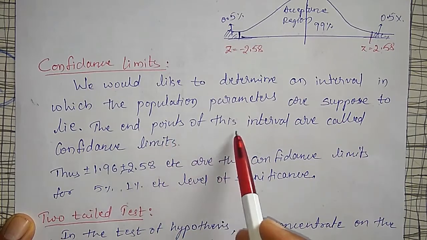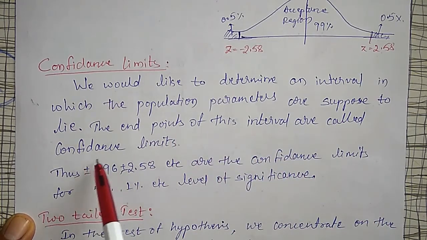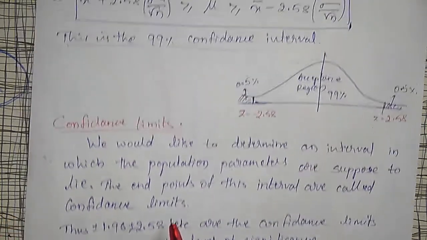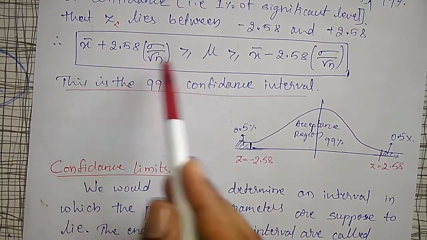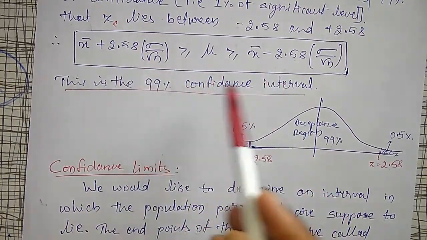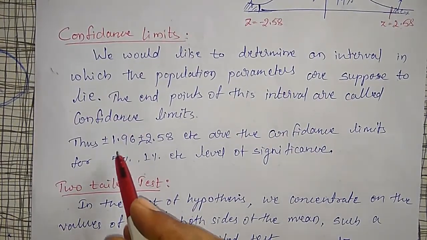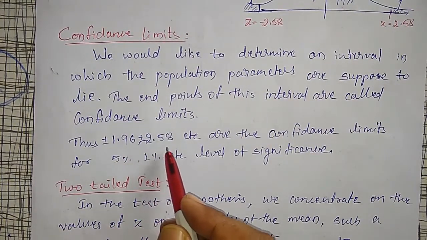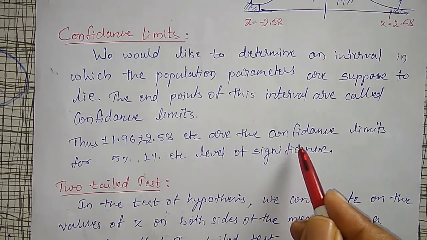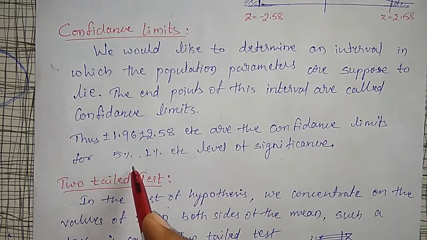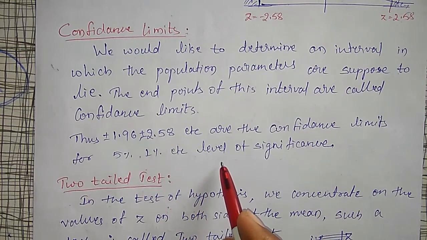The end points of this interval are called confidence limits. Between these two is the interval, and the values minus or plus 1.96, plus or minus 2.58, etc., are known as confidence limits for 5% or 1% level of significance.